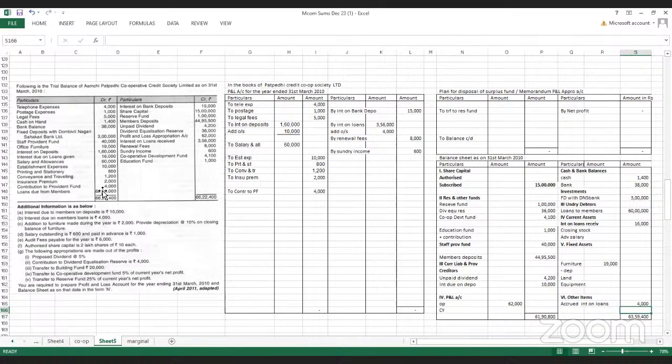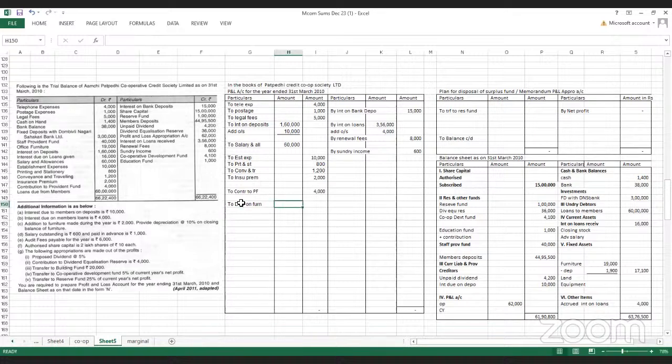So the depreciation will be 10%, so 1,900. And they told us on closing value only. So we need not bother about how much was bought and all. 19,000. And this 1,900 will be an expense to you. Depreciation on furniture.